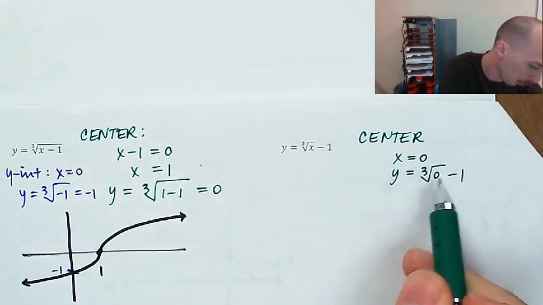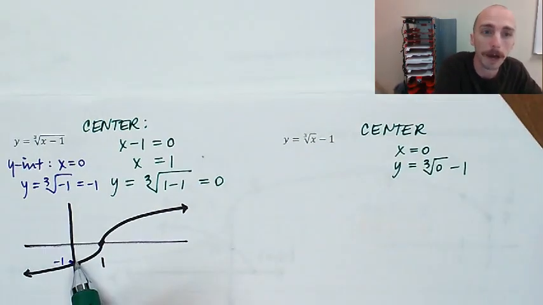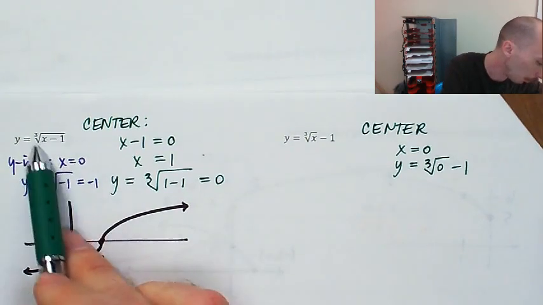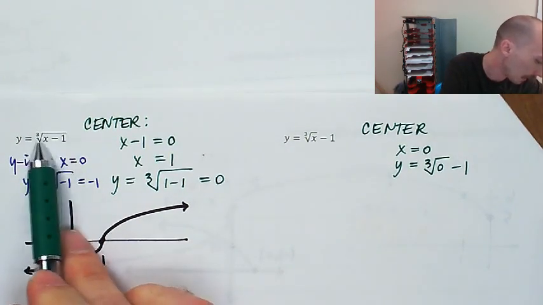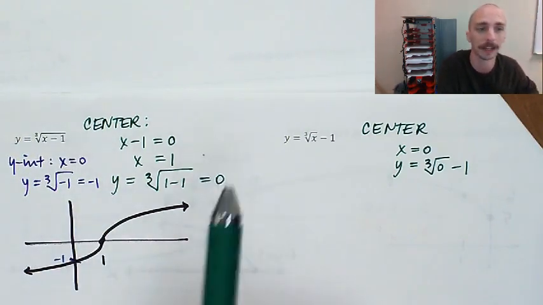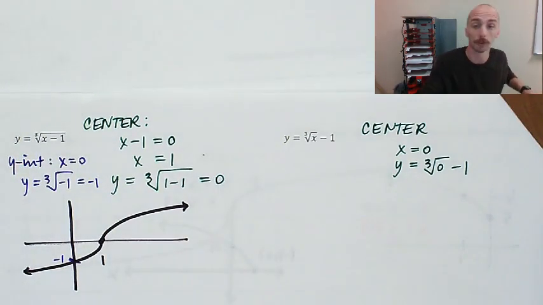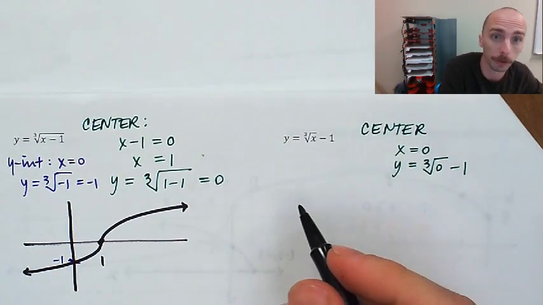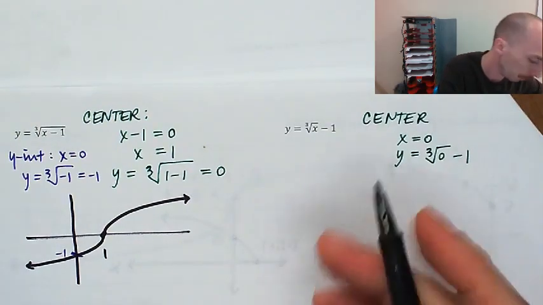So I've got the same y-intercept, but that does not mean that the graph is going to look the same. That would be a really common error, distributing the cube root over x and the negative 1, but it doesn't work like that. Unfortunately, you can't distribute a radical over addition or subtraction. It just wouldn't work, and there are all sorts of other problems.